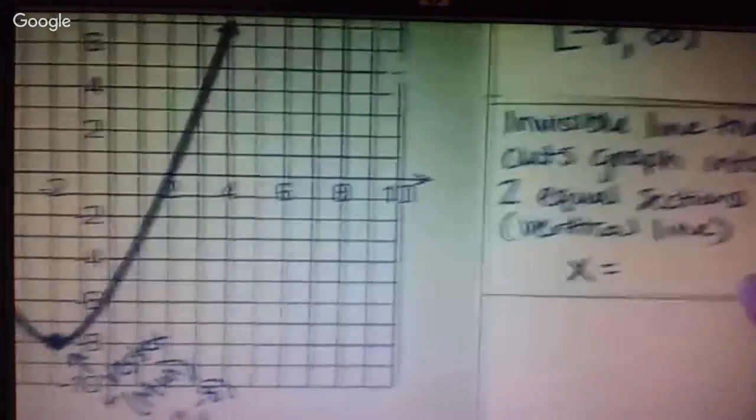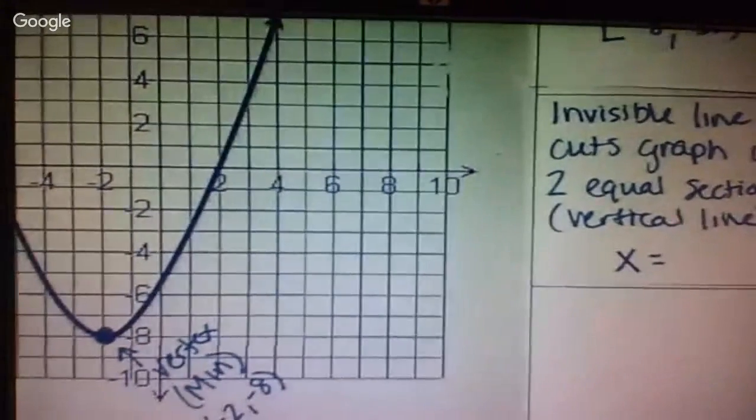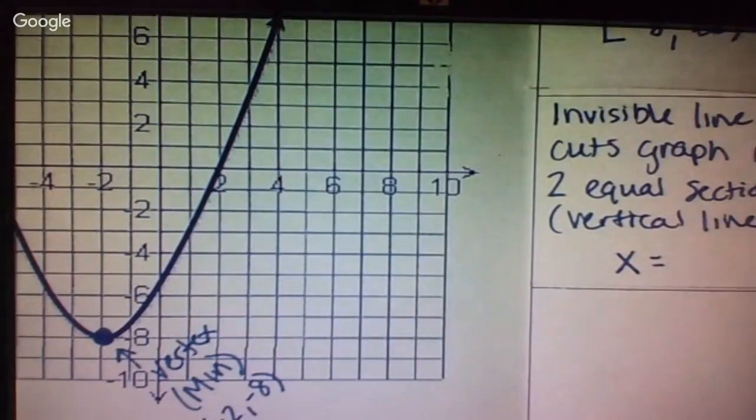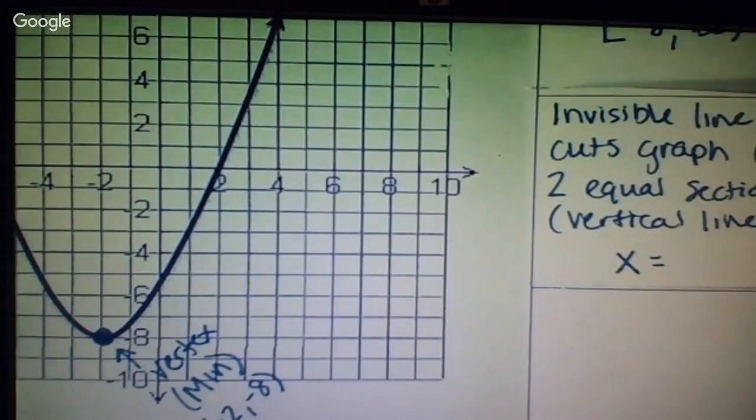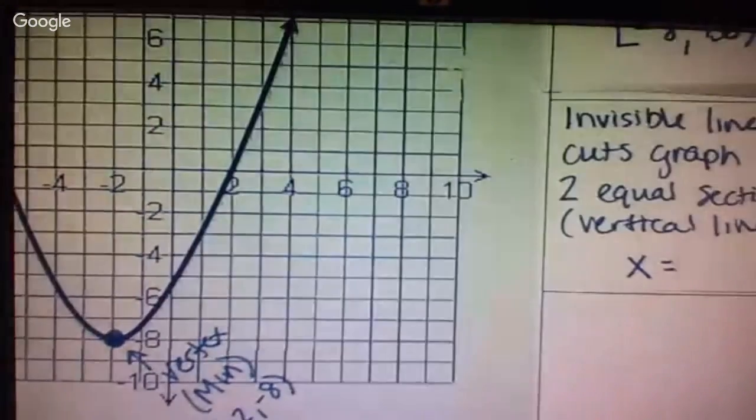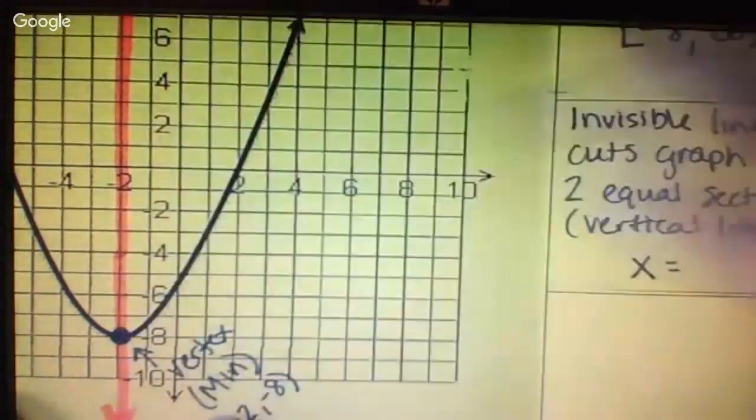Elijah also said that it goes through your vertex. So your axis of symmetry always goes through your vertex. In this instance, let me grab a highlighter because it'll show up better. Your axis of symmetry is this line right here.